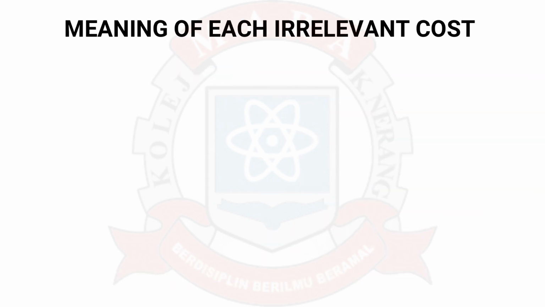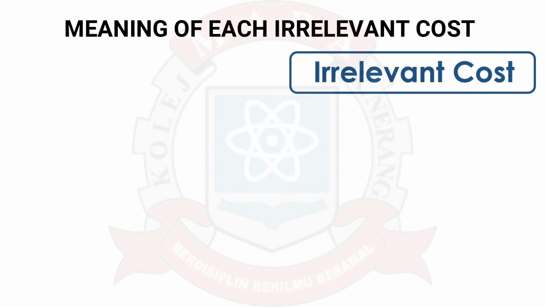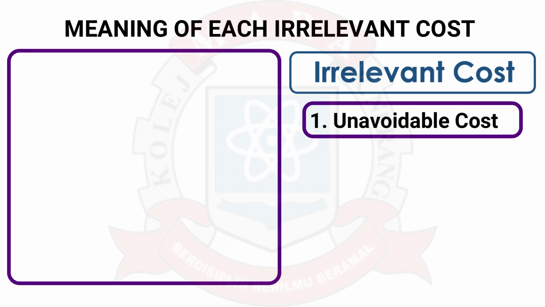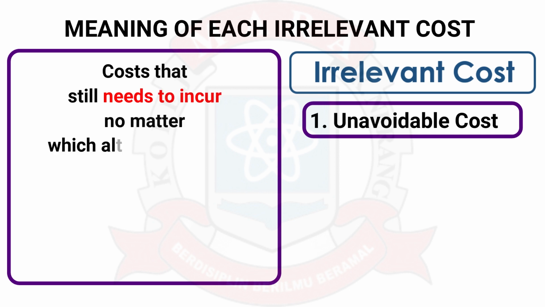So now we move on to irrelevant costs. We have two types, remember? Let's take a look. Number 1 is unavoidable cost. The meaning is cost that still needs to be incurred no matter which alternative is taken.